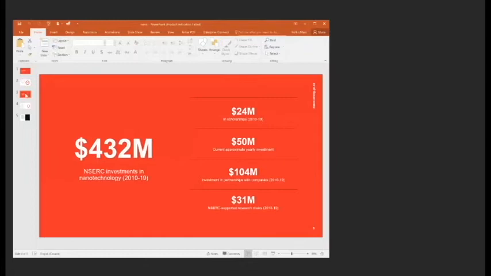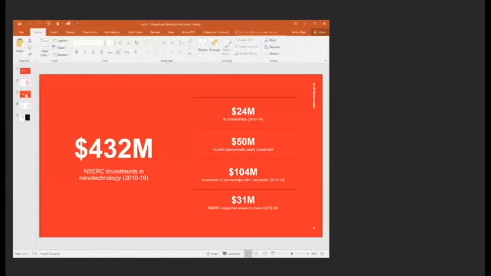We have provided $24 million worth of scholarships to train the next generation of nanotech scientists, researchers, and innovators. We've invested over $100 million of research support for research done in partnership with industry. So not only the fundamental research again, but the application of nanotechnology in an industrial setting.